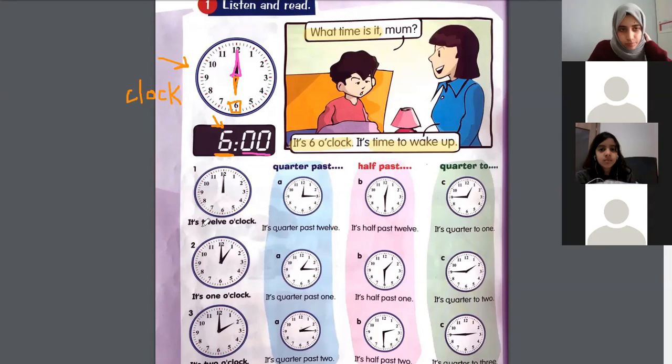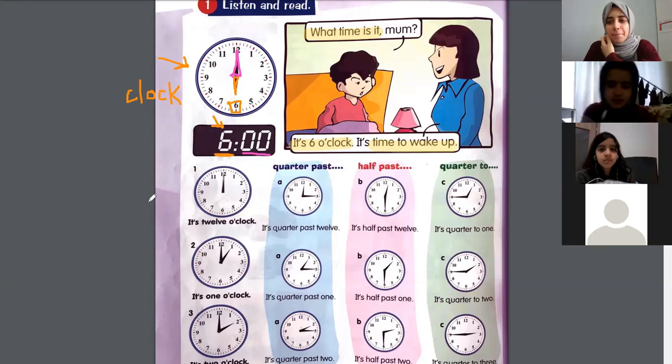So for example, Uthman, what time did you wake up today? Wake up. What time did you wake up? Wake up means متى صحيت. You say I woke up. And tell me what time.